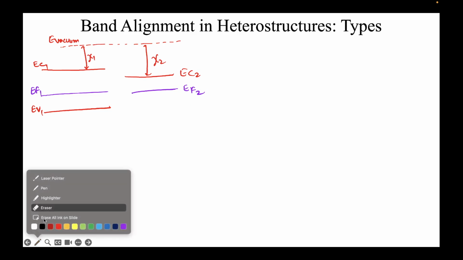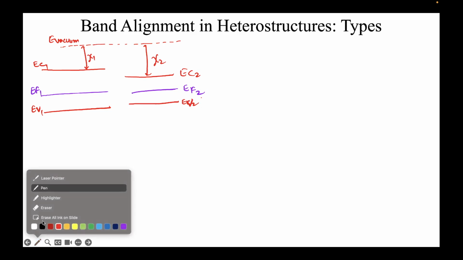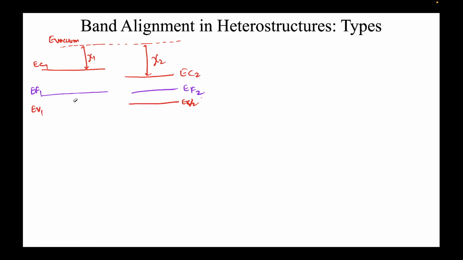Let me just correct this. This is EV2, valence band, and for the other structure, let's say this is EV1. Okay, so you can now clearly see these are two different materials. They have a considerable difference between the band gaps, and the electron affinities are somewhat different.